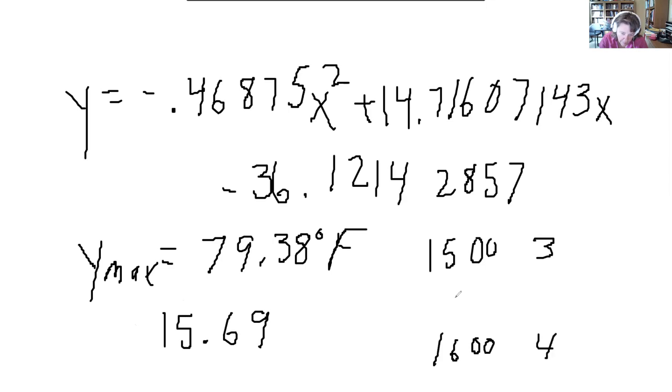So 15, it's a little confusing because this is decimal points, but it's going to be a little over half. So you could say about 3:40 p.m. Again, we can work on how to do the time. Your homework won't involve time, so it'll be a little easier. You can just give the number. So the hottest predicted time of the day was 79.38 degrees Fahrenheit at about 3:40 p.m.